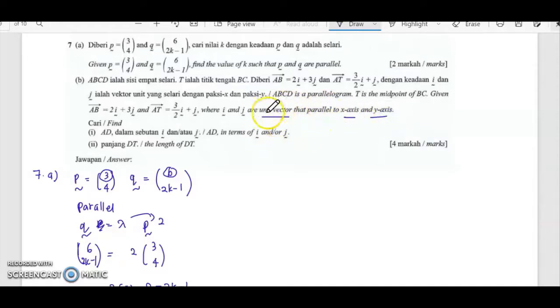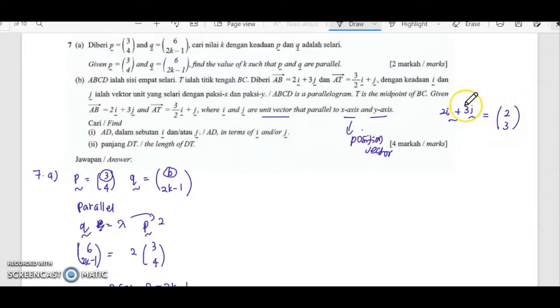Okay, so when it mentions unit vectors parallel to the x-axis and y-axis, we can actually refer to position vectors. So with position vectors, we can use column vectors. For example, 2i plus 3j, we can change to column vector form, which is (2, 3).